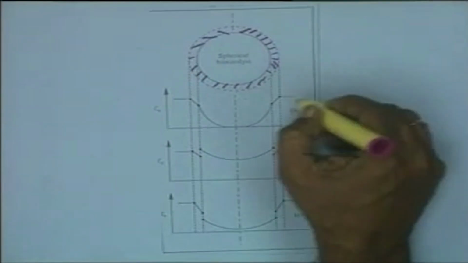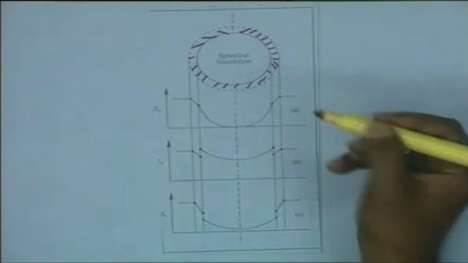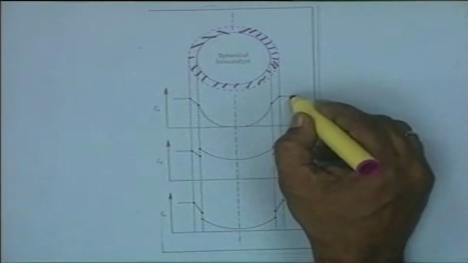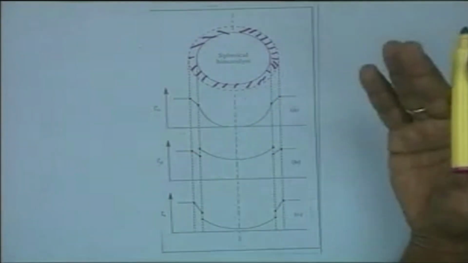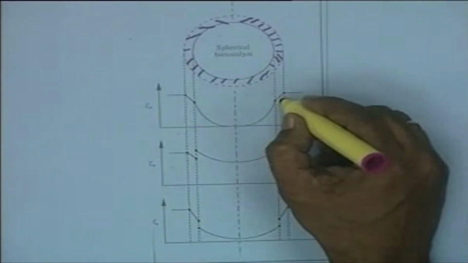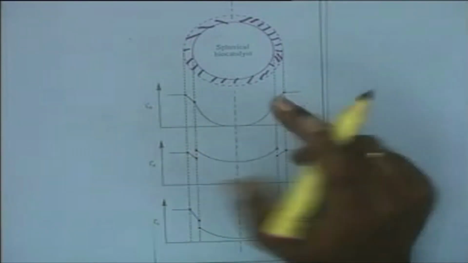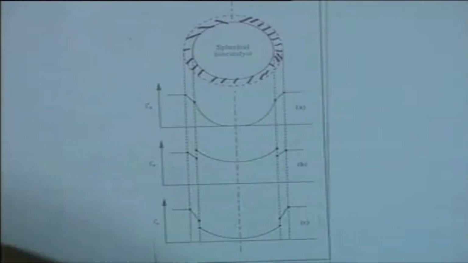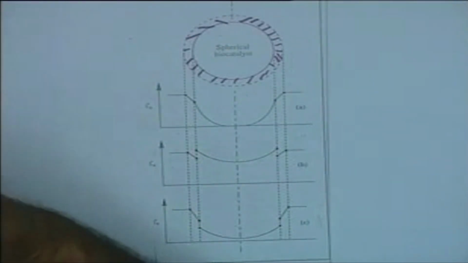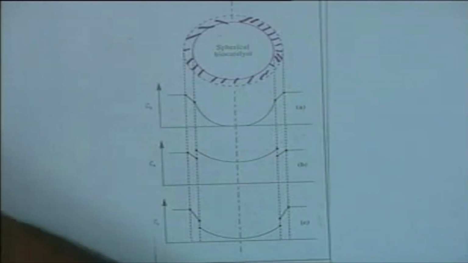Ca is shown as the substrate concentration at the bulk phase, that means at the entry of the boundary layer, and now there will be a gradient of substrate in the boundary layer. Of course this gradient will depend on the thickness of the boundary layer, and you can minimize this by using a very high agitation speed in the stirred reactor, or a very high linear flow velocity in a continuous reactor.